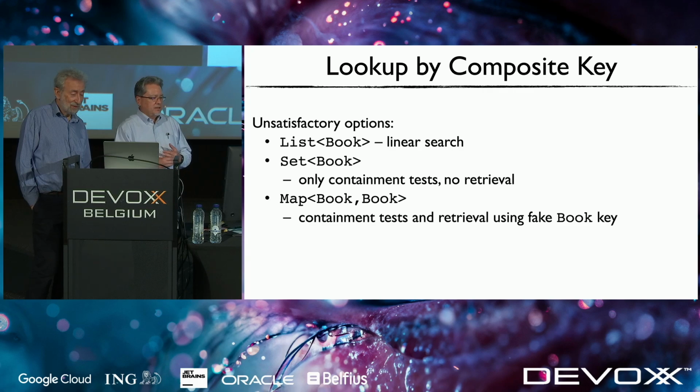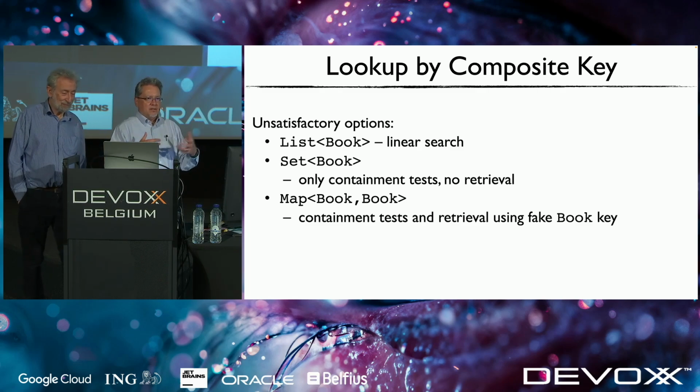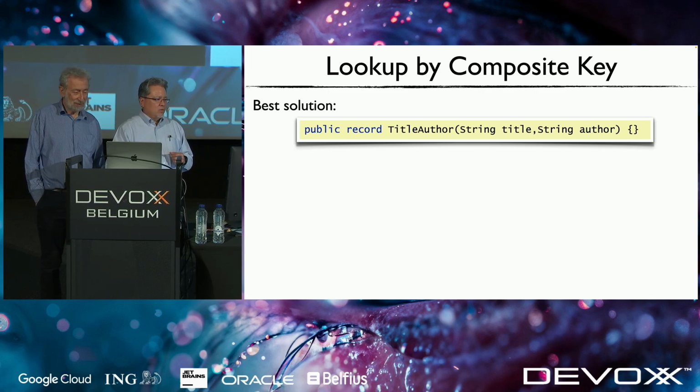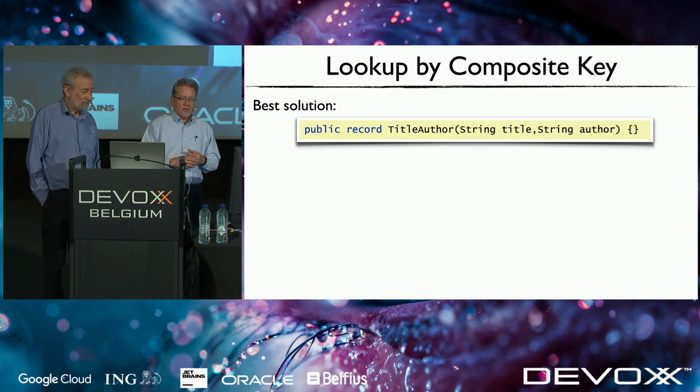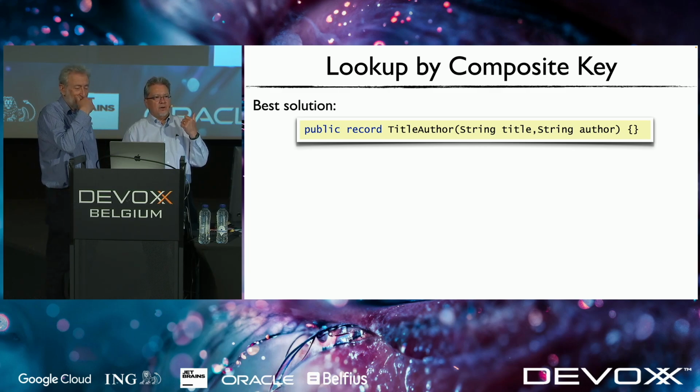So when you're in a situation like that, you want to create a map, but now the question is, what should your key be? You can have this notion of a fake book and a real book. But really, what I think the best solution is, is to have a key. The thing that's nice about records is it's very easy to create a dedicated class to use as a key.